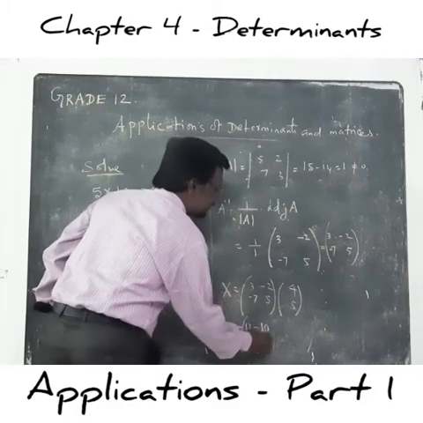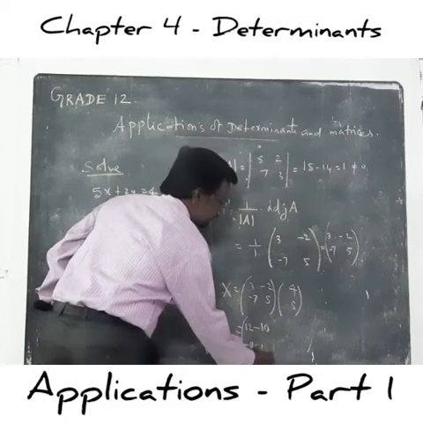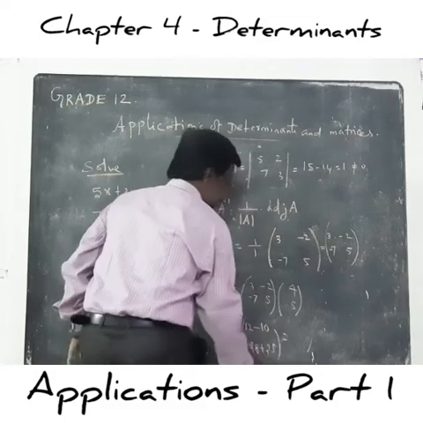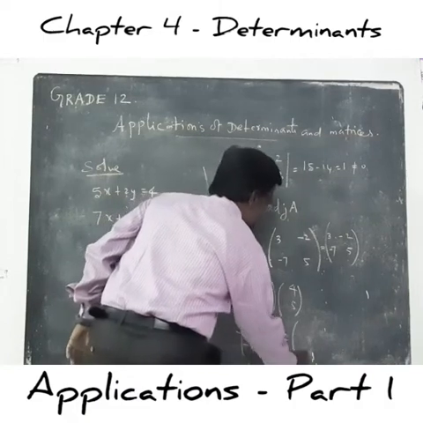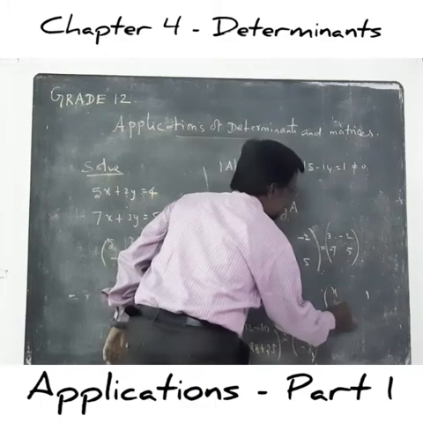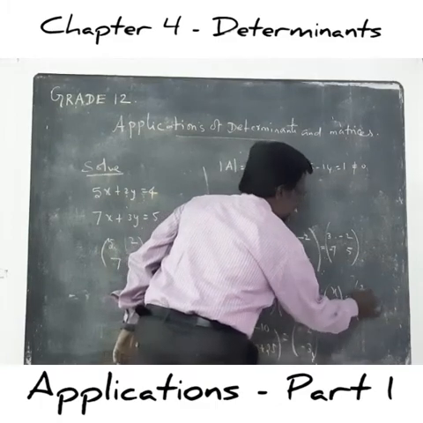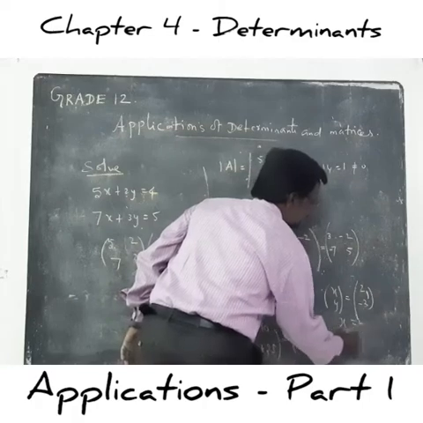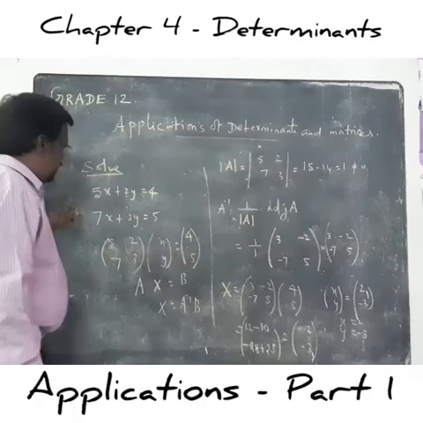Then minus 28. Equal to. So what is your x and y? X is equal to 2, y is equal to. Then verification.